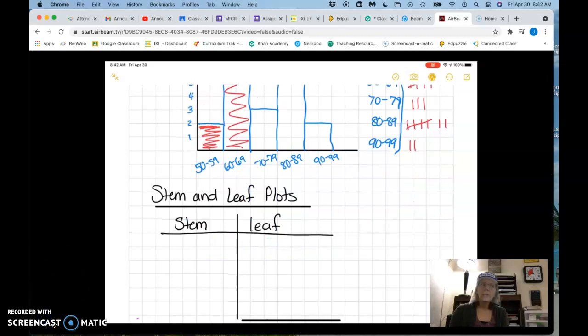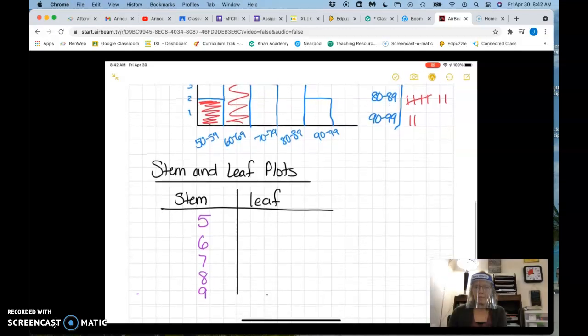Okay, so stem and leaf plots. This is where we make the little chart and we have the tens place on the stem side and the ones places on our leaf side. So if I'm using the same data as above, I am putting a 5 for the 50 place, and I am putting 6, 7, 8, 9.